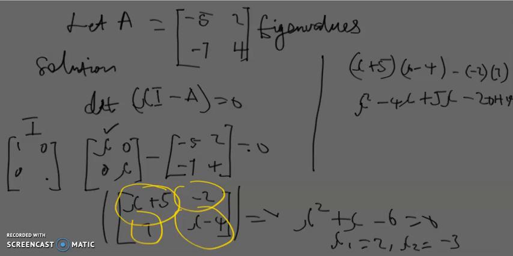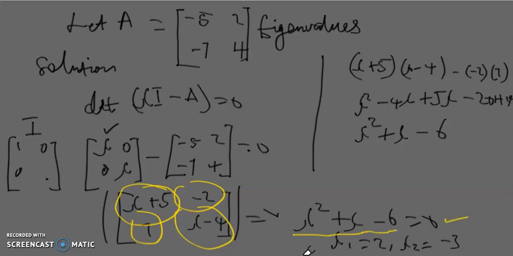Negative 4 lambda plus 5 lambda gives us lambda. So that's how we get the equation lambda squared plus lambda minus 6 is equal to 0.